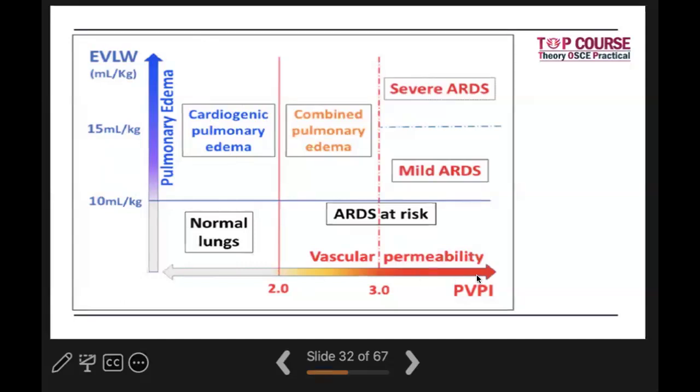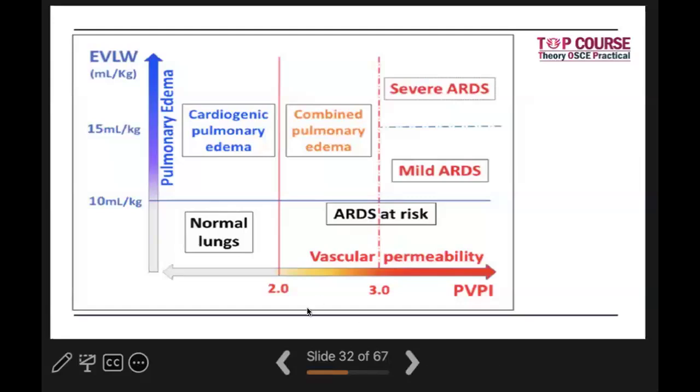Coming on to the x-axis, the name itself indicates it is called the pulmonary vascular permeability index, which actually says how permeable the pulmonary vasculature is, right? It indirectly tells us whether there is a risk of non-cardiogenic pulmonary edema or not. For example, in ARDS or any damage to the pulmonary vasculature because of TRALI, because of ARDS, because of any reasons.